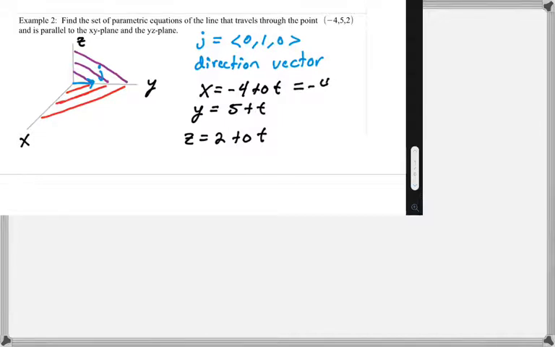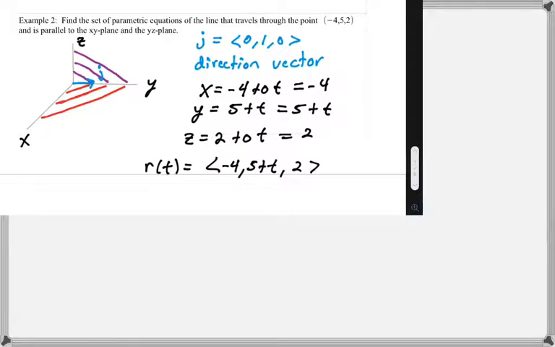So x would be -4, y would be 5 plus t, and z would be equal to 2. Now the a and the c in our direction vector are both 0, so we cannot have symmetric equations here. But we can sneak in a vector valued function here, so the vector valued function would be (-4, 5 plus t, 2).